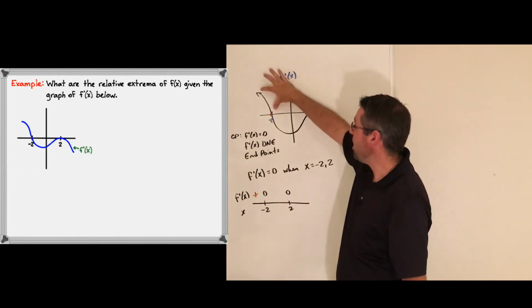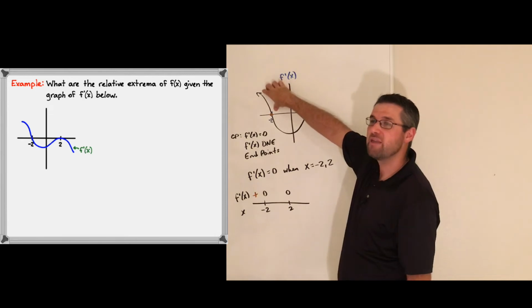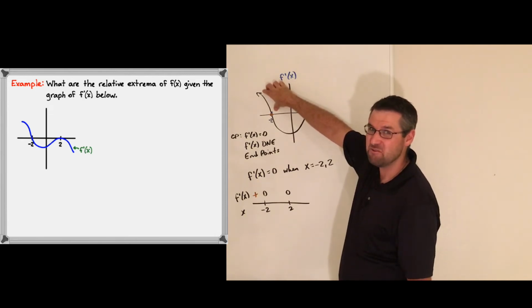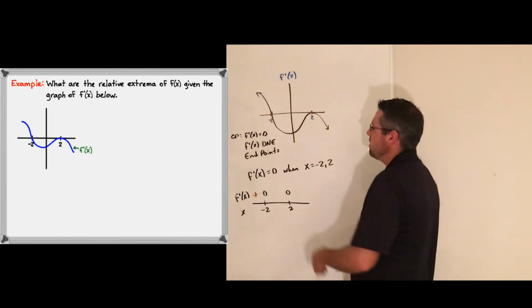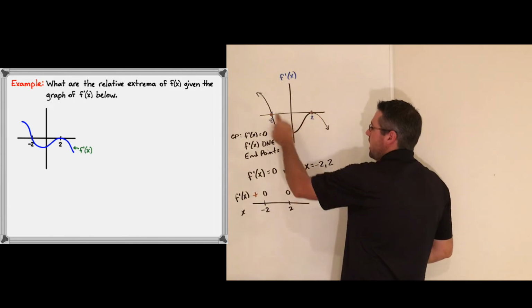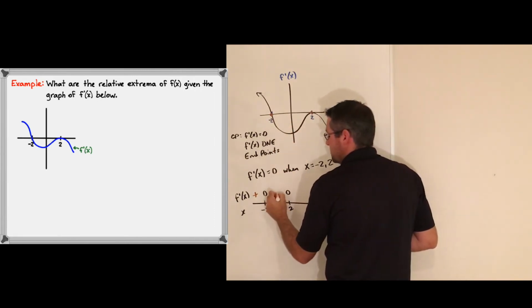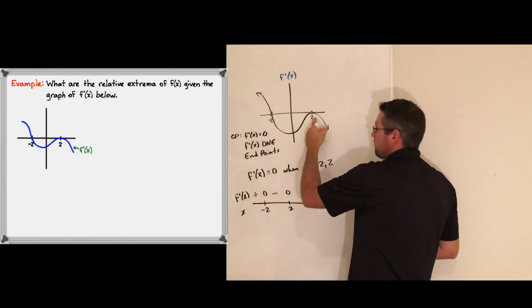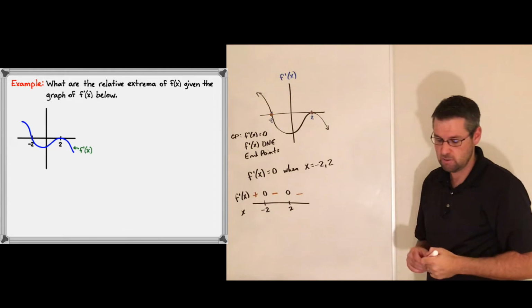F prime is decreasing, which would imply that f double prime is negative. We don't care about f double prime right now. We only care about f prime. So f prime is positive in that interval. From -2 to 2, f prime is below the x-axis, therefore f prime is negative. And from 2 on, we also notice that f prime is negative.